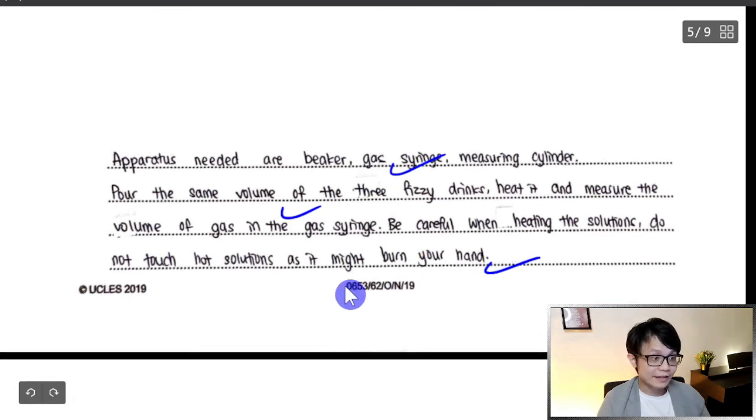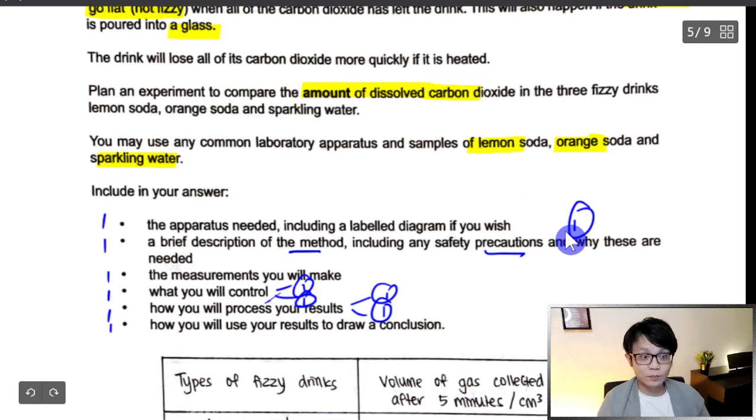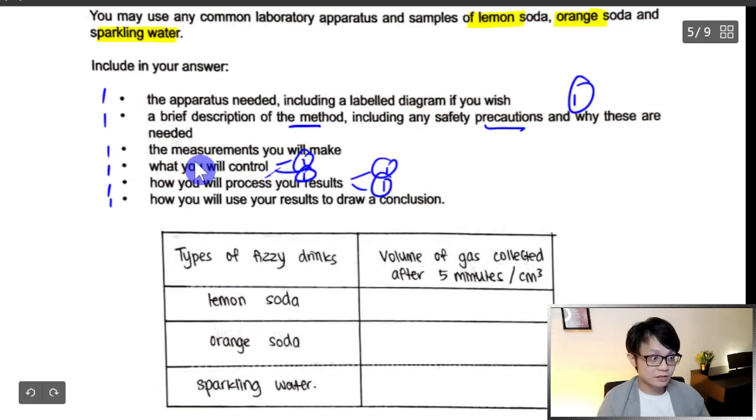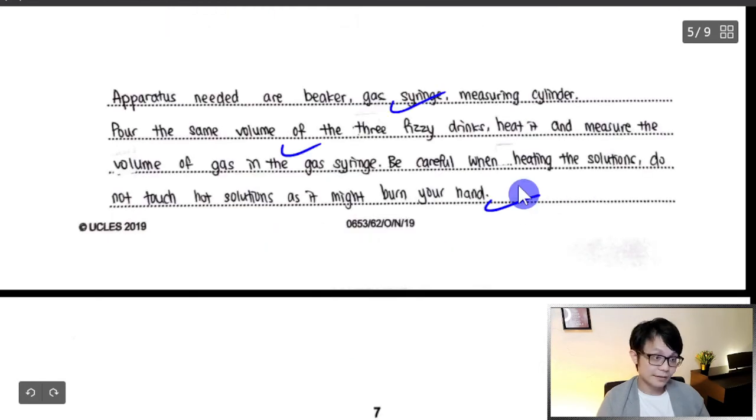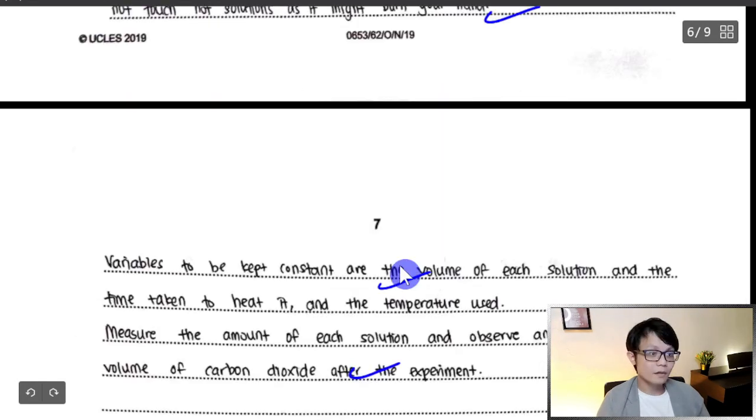When heating, be careful. So the student is saying a safety precaution, so the student gets 1 mark for this point. Variable to be kept constant, the measurement that you will take. Actually, they are asking about the measurement that you take. It's supposed to be that you want to measure the amount of carbon dioxide, but the student says to keep constant the time, the heat and the temperature used.